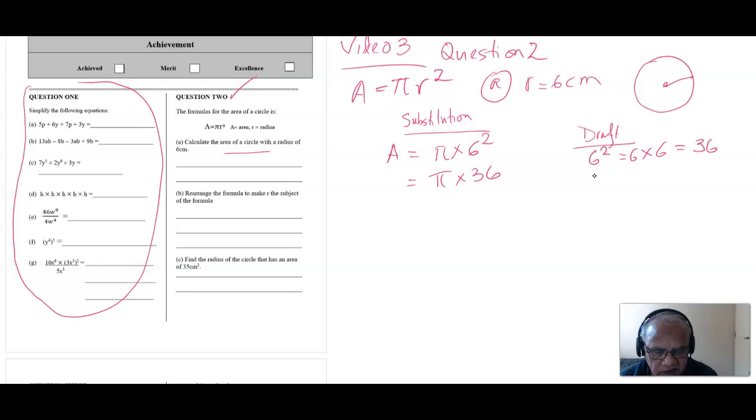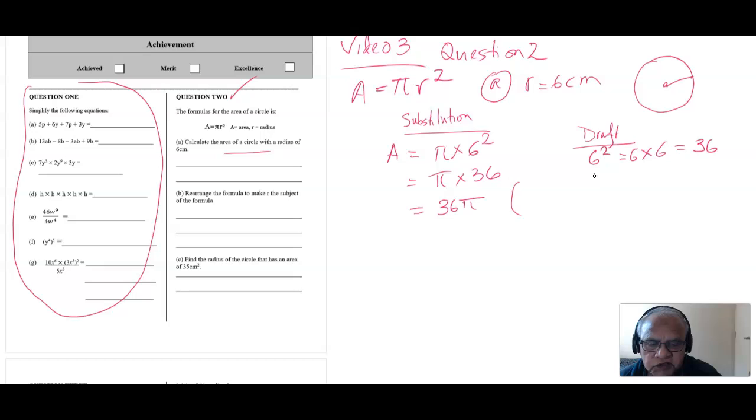Well, remember, I am emphasizing the point: pretty close to 3.142. It's not exactly 3.142. So, what you can do, if you don't have a calculator, most likely it's going to ask you to write it in terms of pi. So that will be the final answer in terms of pi.